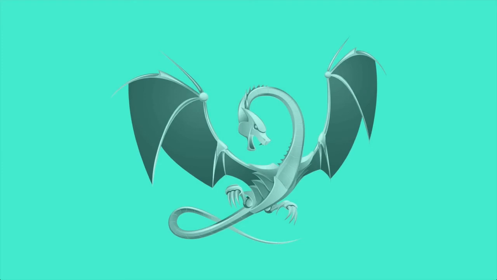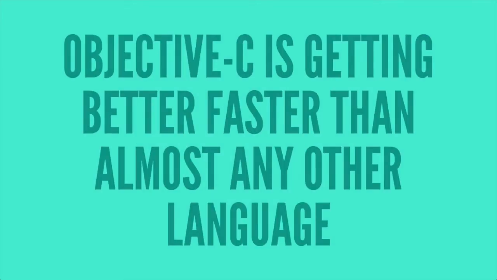One of the great things about Objective-C is how much Clang has driven it forward. I think more than any other language, it's getting better faster than anything else. There are very few languages that can match the pace year to year of Objective-C in terms of raw features and improvements. A lot of detractors would say that it's because Objective-C didn't start off as very much, and they have a point.